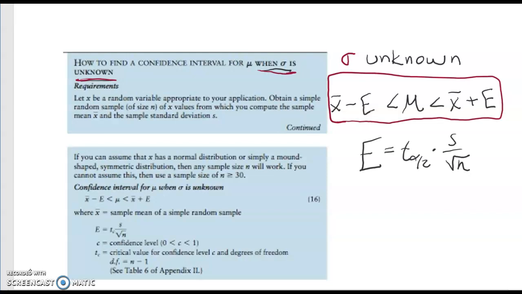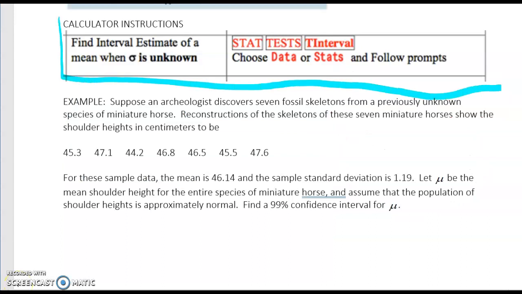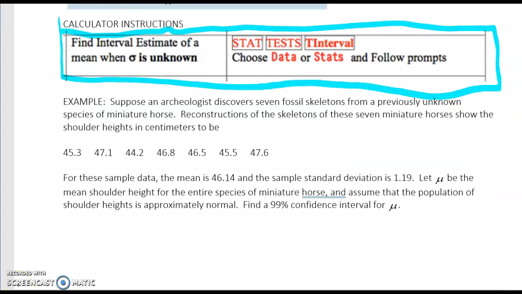But the formula for e is your critical value times the standard deviation of the sample divided by the square root of n. You'll see here we have some calculator instructions, and I do recommend the use of them, but for confidence intervals, I'm going to show you how to do this by hand, and then I'm going to show you two different ways to do an example in the calculator.